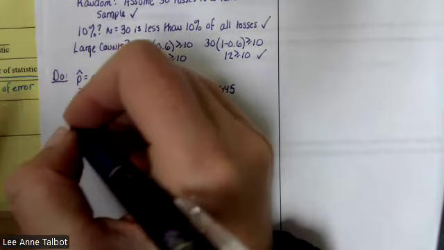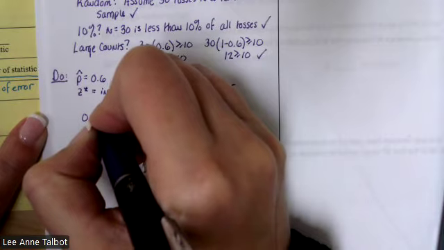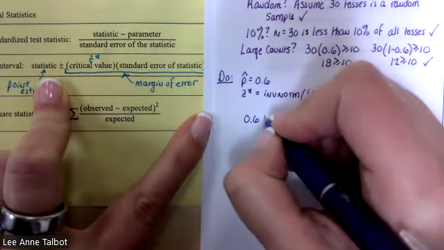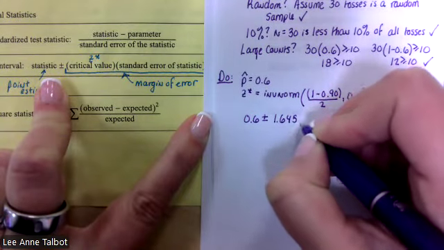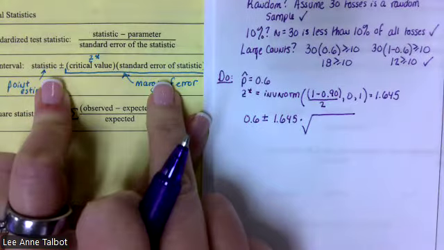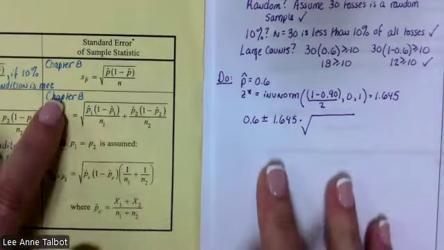Okay, so I'm right here. Statistic plus or minus critical value times standard error of statistic. Okay, so standard error of statistic is right here.